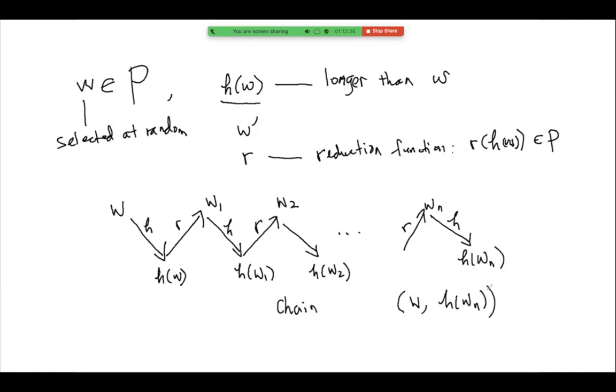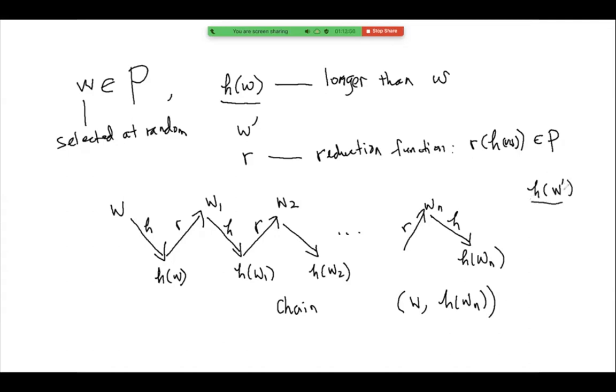Now, why is this useful? Assuming I get H of W prime, this is the password I got.